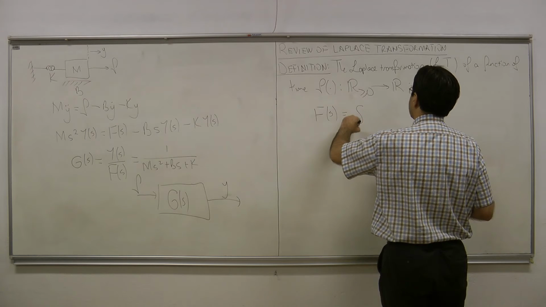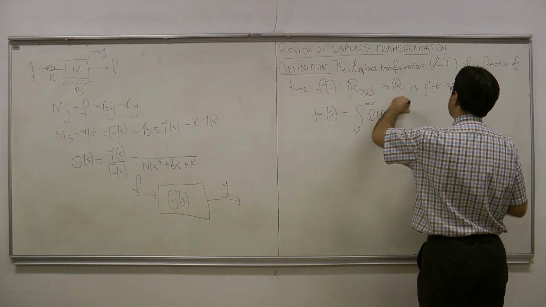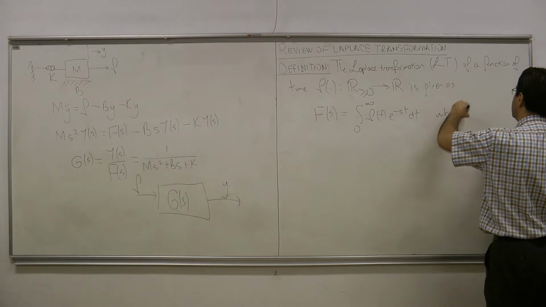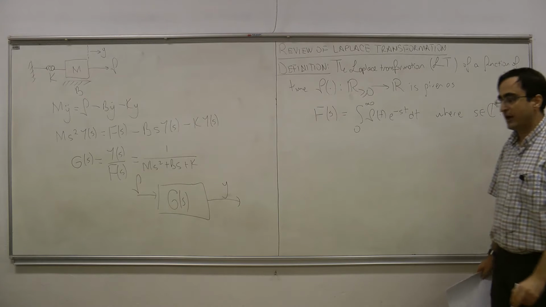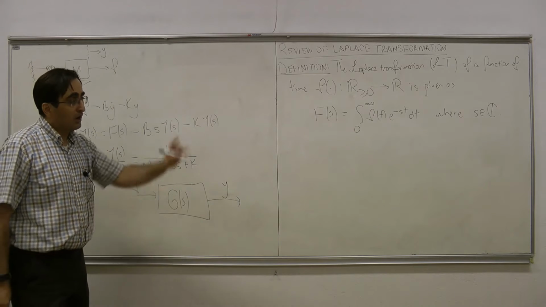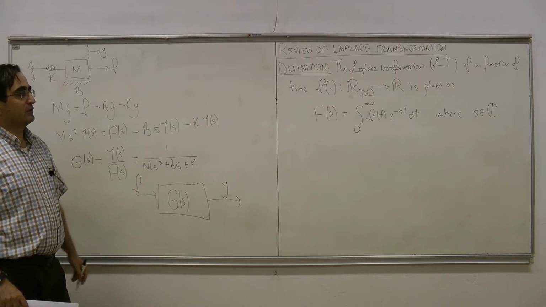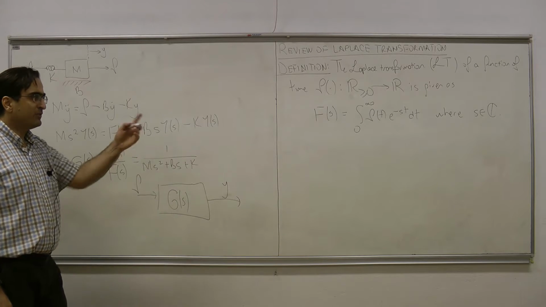So this is going to be the integral from 0 to infinity of f of t e to the minus st dt, where s is a complex number. So s is an element of the set of complex numbers. All right? So s can have imaginary parts. So it really does not have to be a real quantity. So this is a definition.